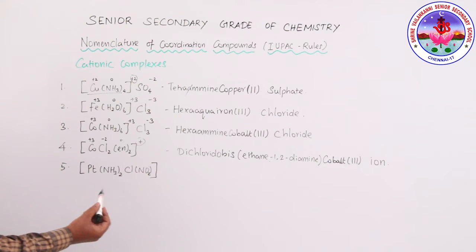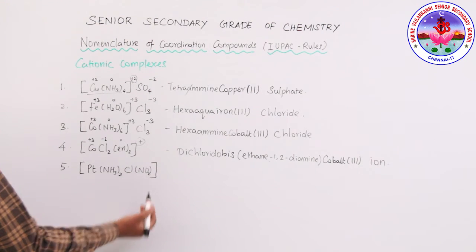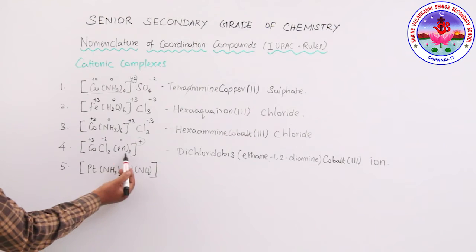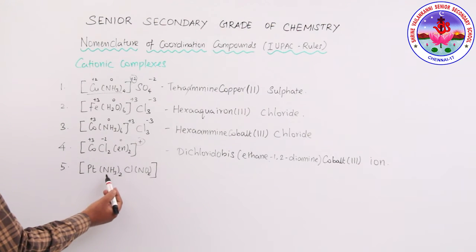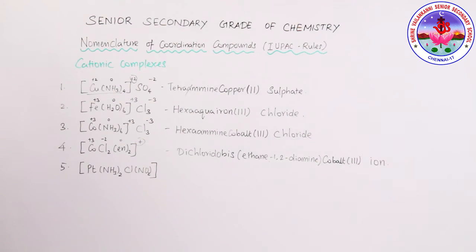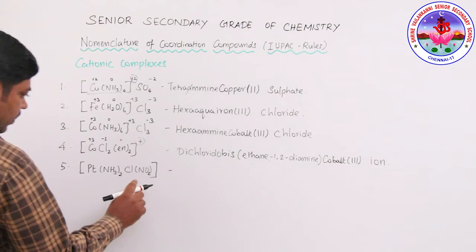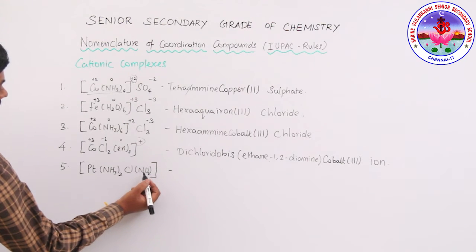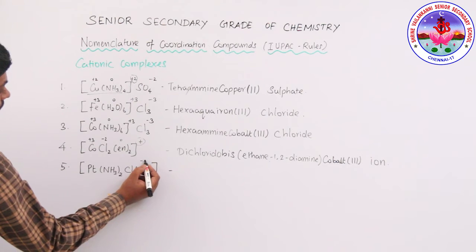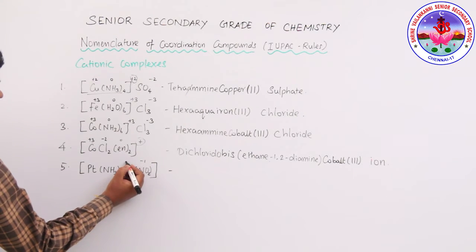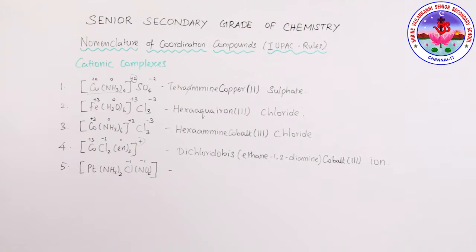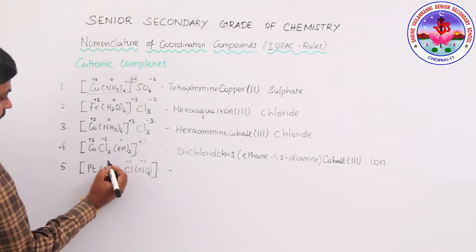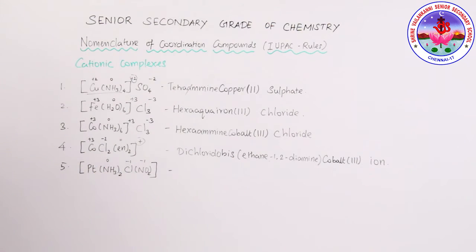Here 3 different types of ligands are present. What is the charge of the compound? First, you have to find: NO2 is -1 and Cl is -1, NH3 is 0.